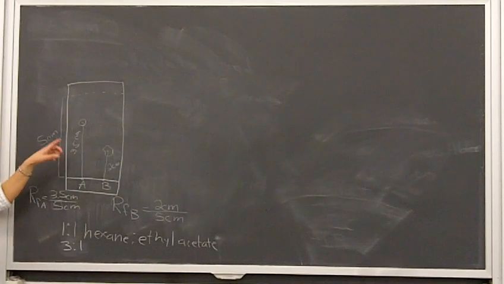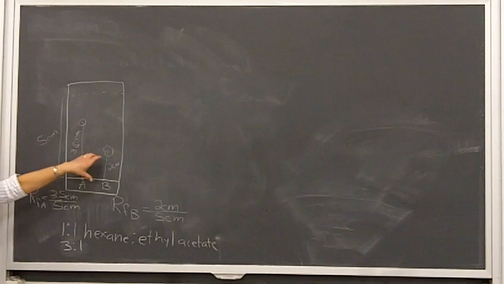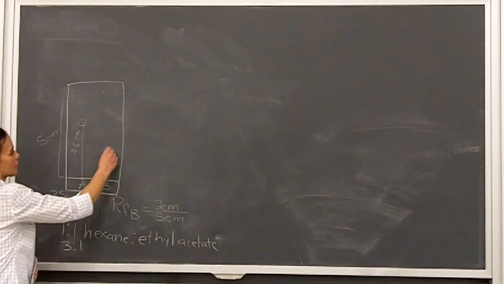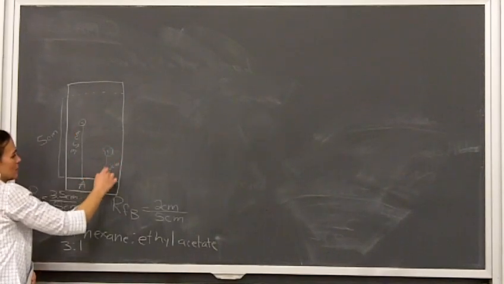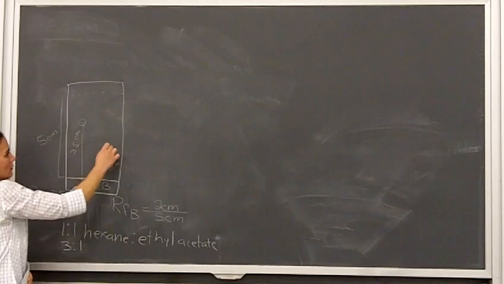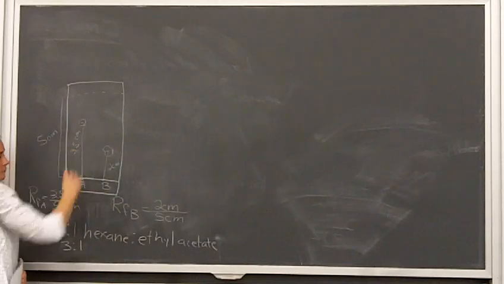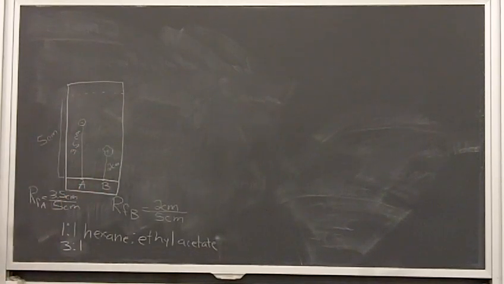Now, when you make measurements, you're usually measuring from the center of the spot. RF values are consistent for a given solvent system.